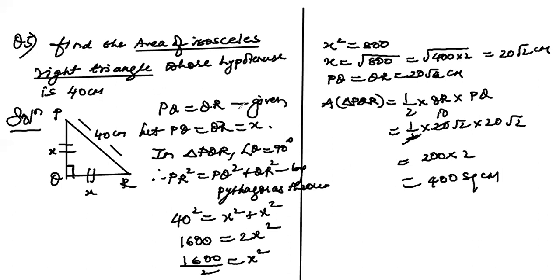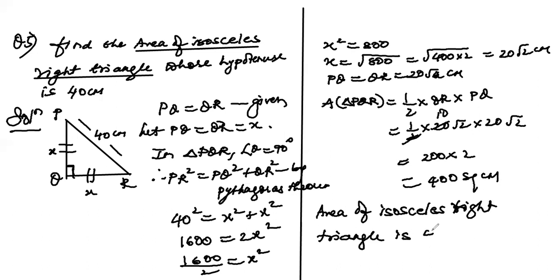So the area of the isosceles right triangle is 400 square centimeter. This is the answer. Okay, children, very simple. Now we go to question number 6.